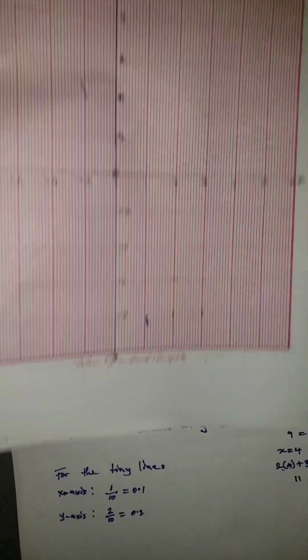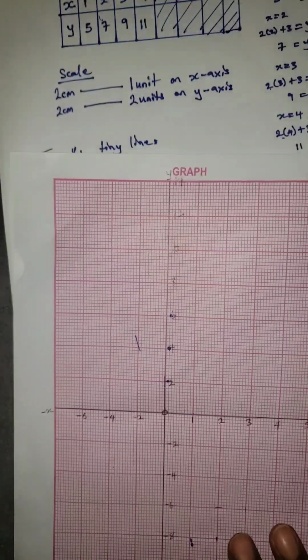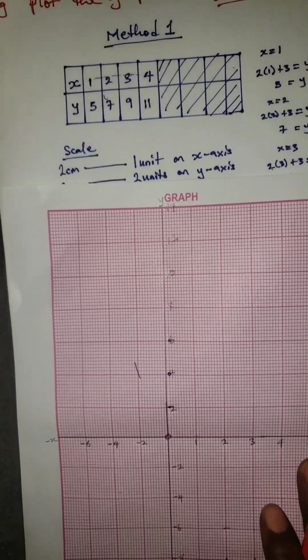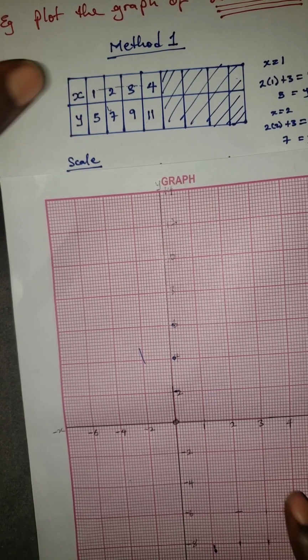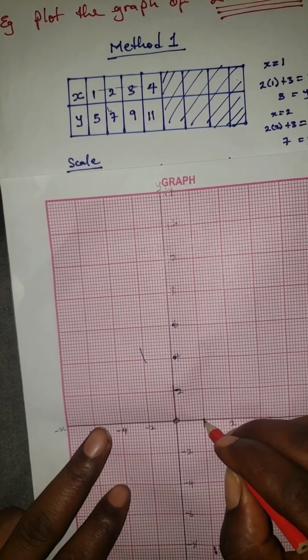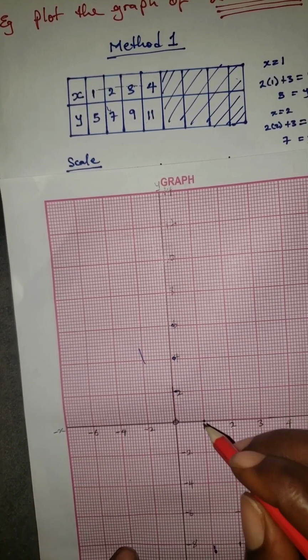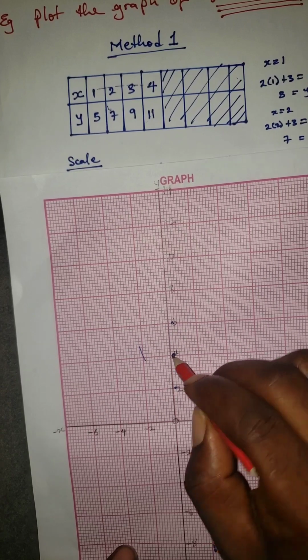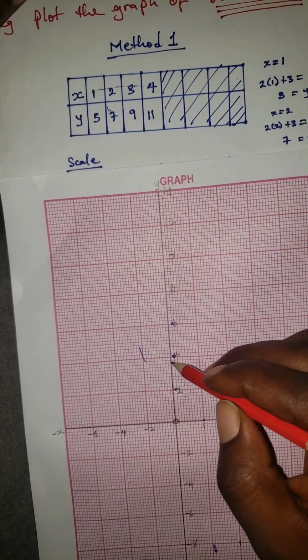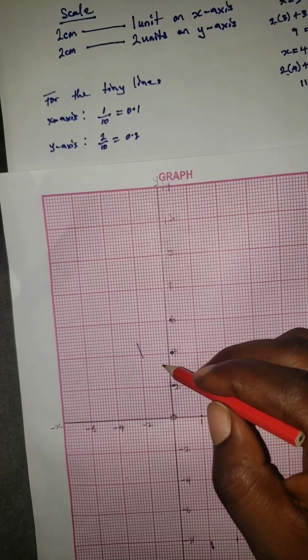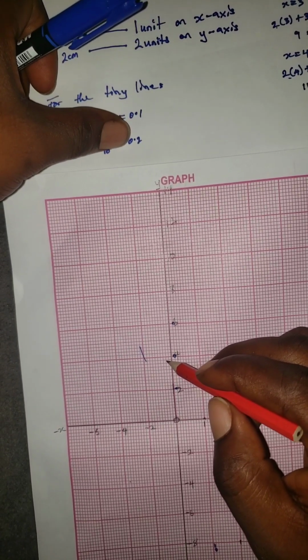Okay, so when x equals 1, y equals 5. So here is 1, so we need to get to 5. Here is 4, so I will count. Remember, each of the tiny lines is equal to 0.2.